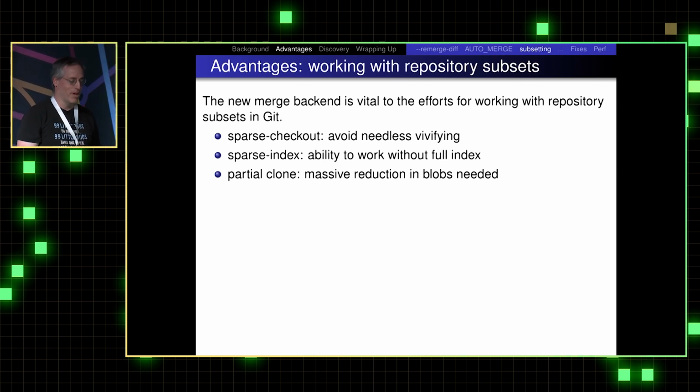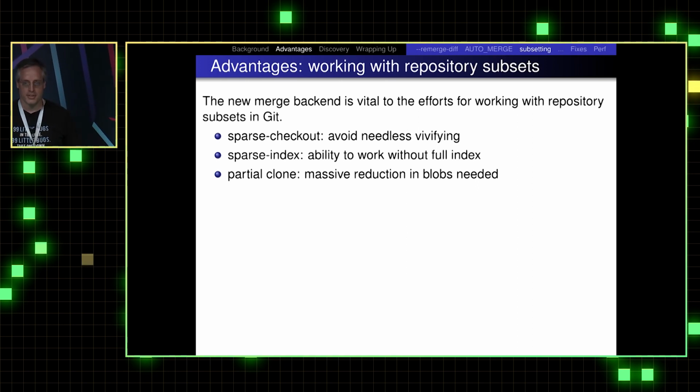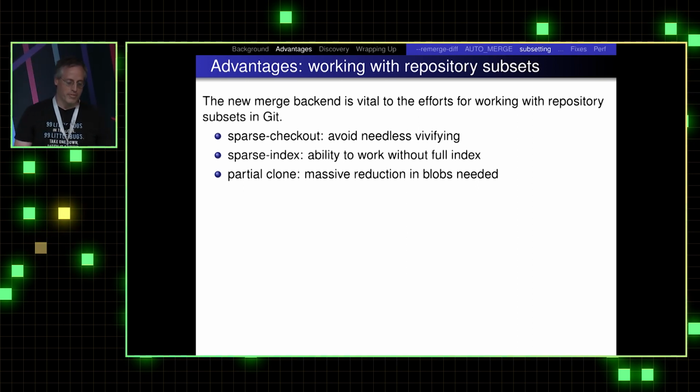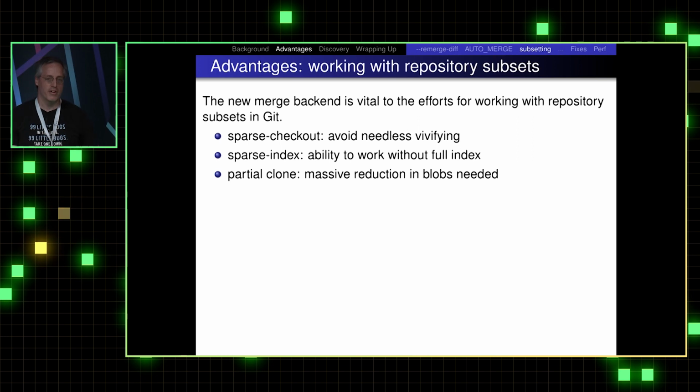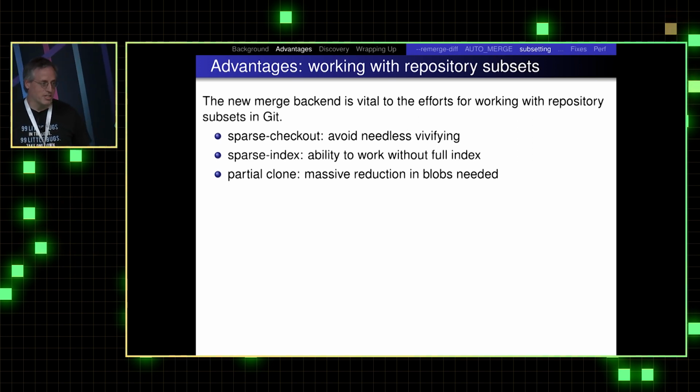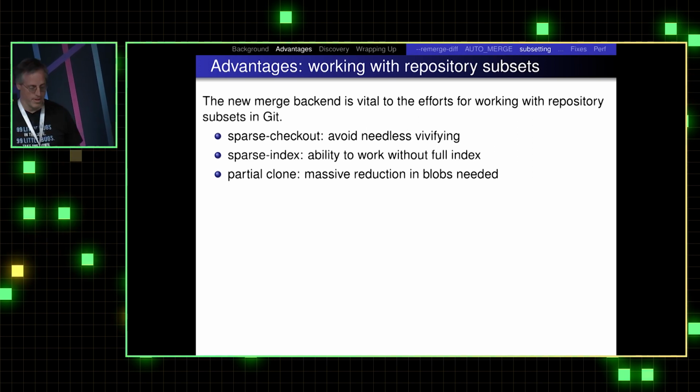The next set of benefits, kind of all connected, they make it easier for us to deal with repository subsets. And this goes in a number of different ways. For example, with partial clones, it provides a massive reduction in the number of files that need to be downloaded on demand by the merge machinery. For the sparse index, this is actually critical. The old merge backend just doesn't work well with the sparse index, and so the new merge backend is basically required if you want to make use of the sparse index.